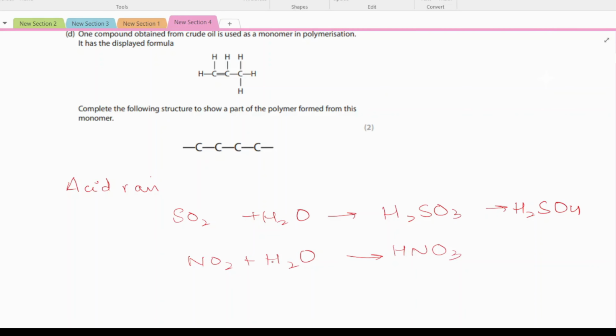It has a very low pH and it can destroy crops, it can destroy buildings, the buildings of, what do we call it, calcium carbonate. Have you heard of the stone cancer of the Taj Mahal, Agra? No. It's one of the seven wonders of the world.